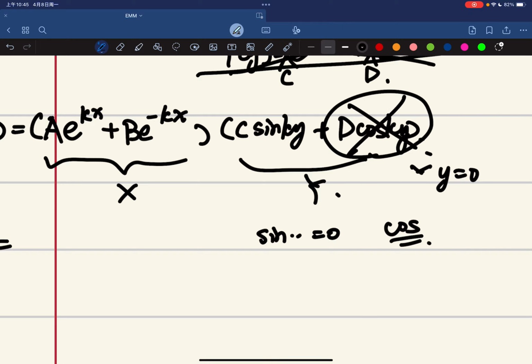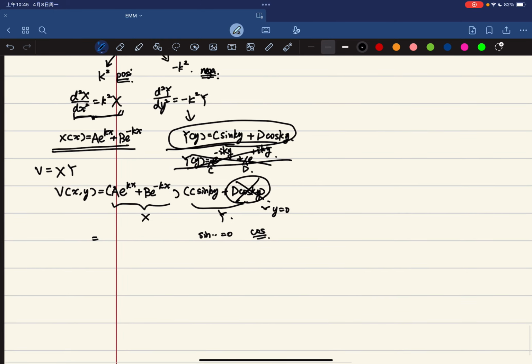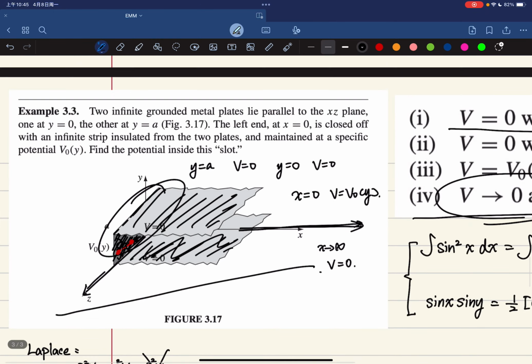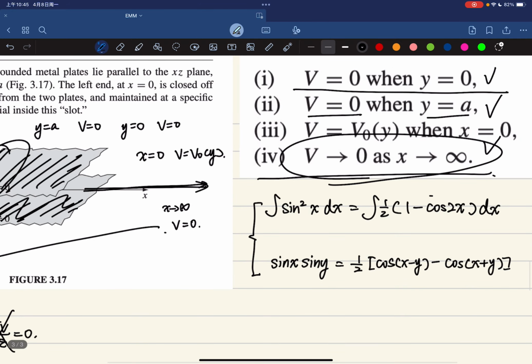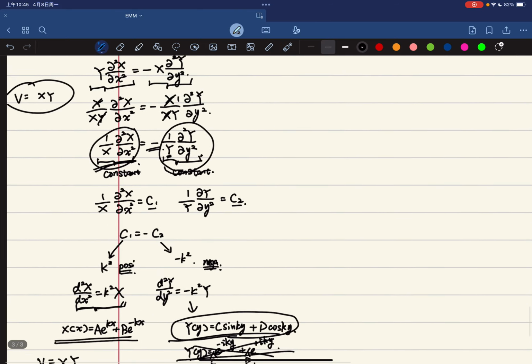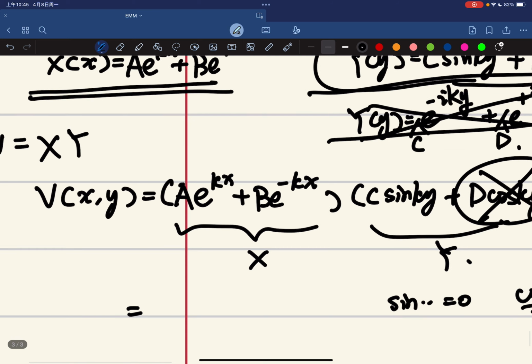And let's see the next conditions. When y equals a, v must equal 0. So actually, let us deal with this one first, because when x approaches infinity, you can see here this term is going to explode.